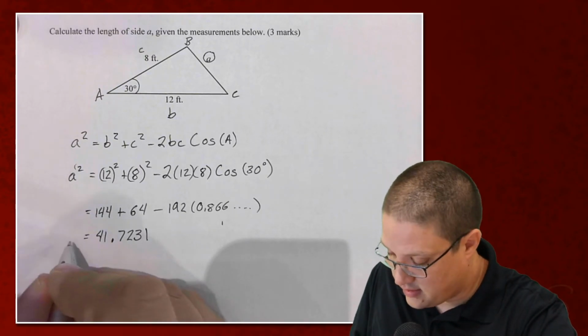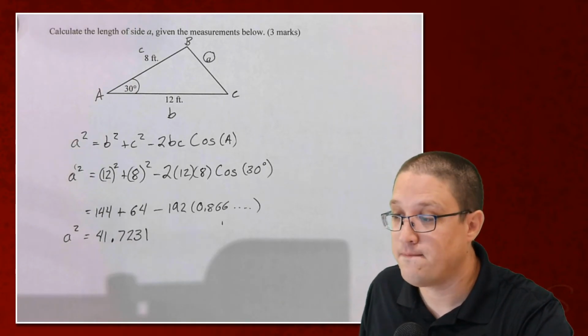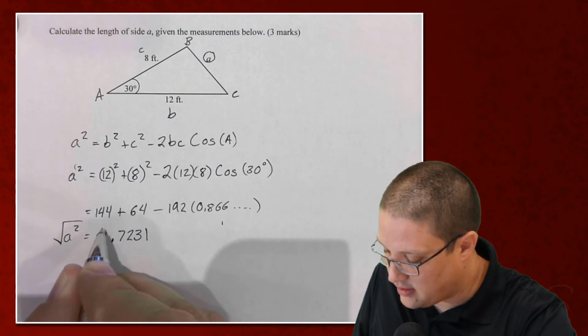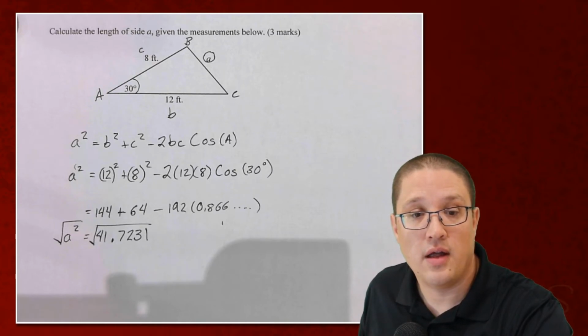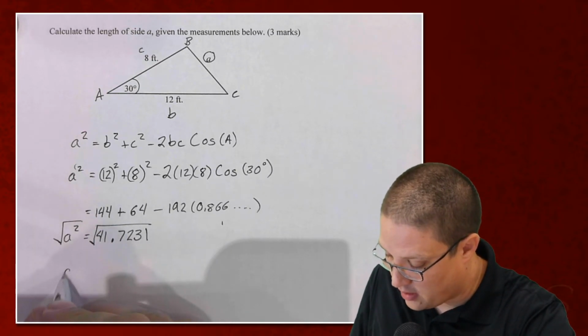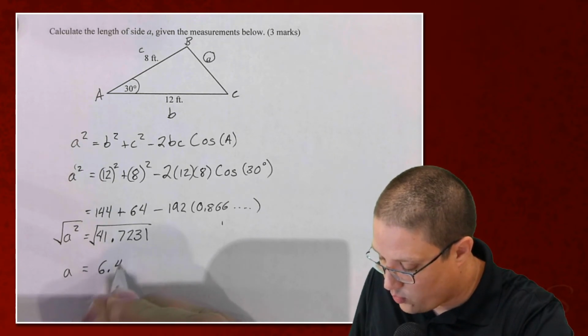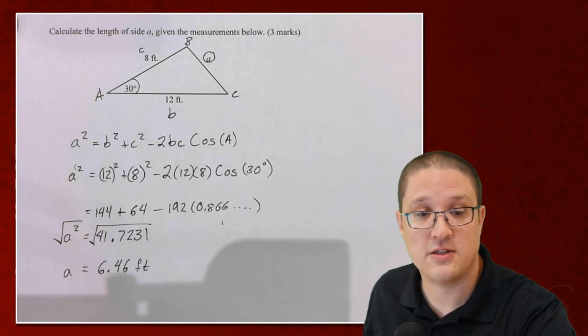Once I get this, notice that this is still a squared equals that. In order to get rid of this squared, I need to take the square root of both sides here. That allows me to get my value for the length of A, and that works out to 6.46 feet in this case.